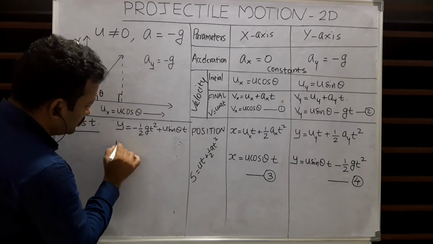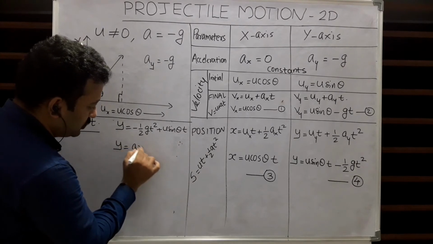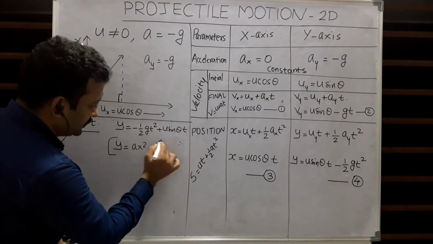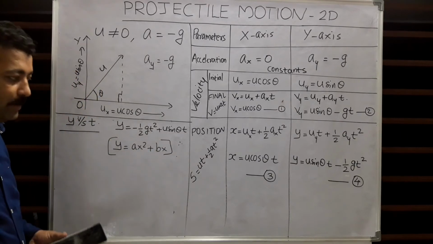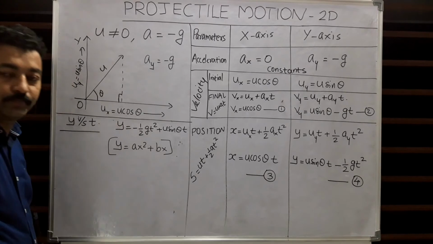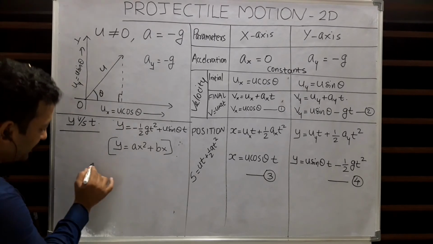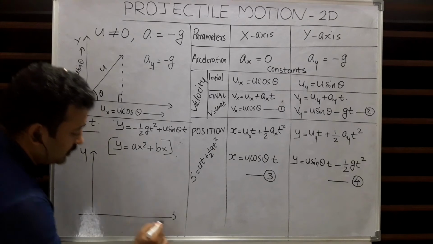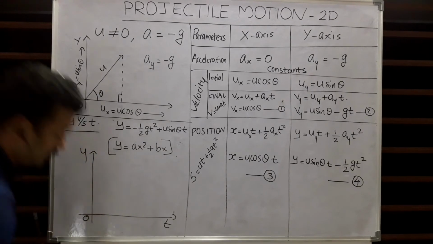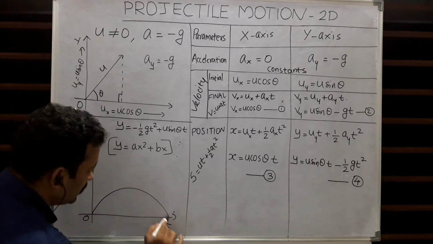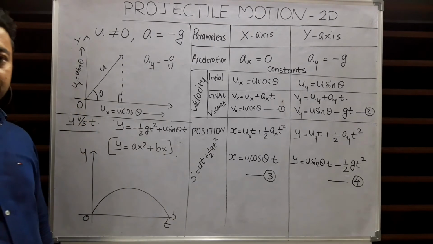This is similar to our equation y is equal to ax square plus bx. This is a standard equation of a parabola, but you can see a is negative. So what will be the shape of the graph? The y versus t graph will be an inverted parabola.